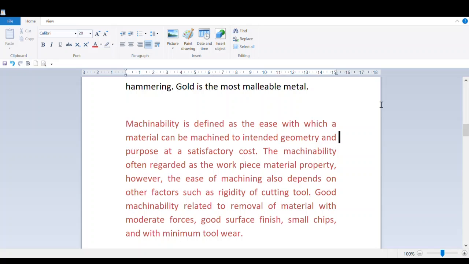Okay, what is machinability? Machinability is defined as the ease with which a material can be machined.